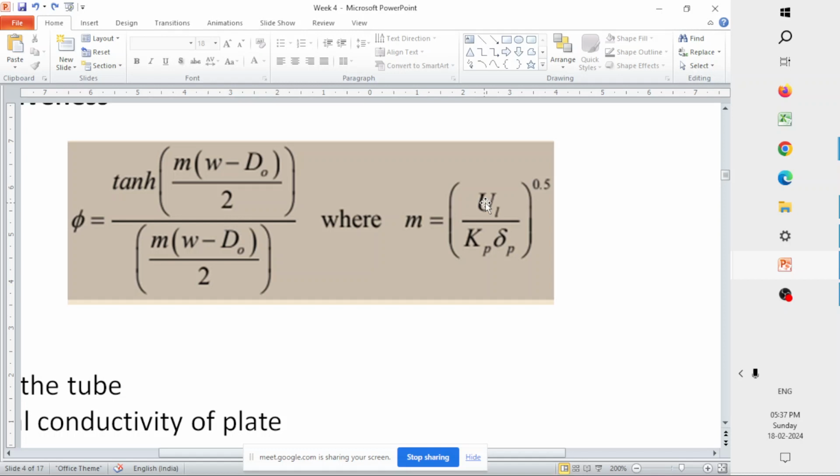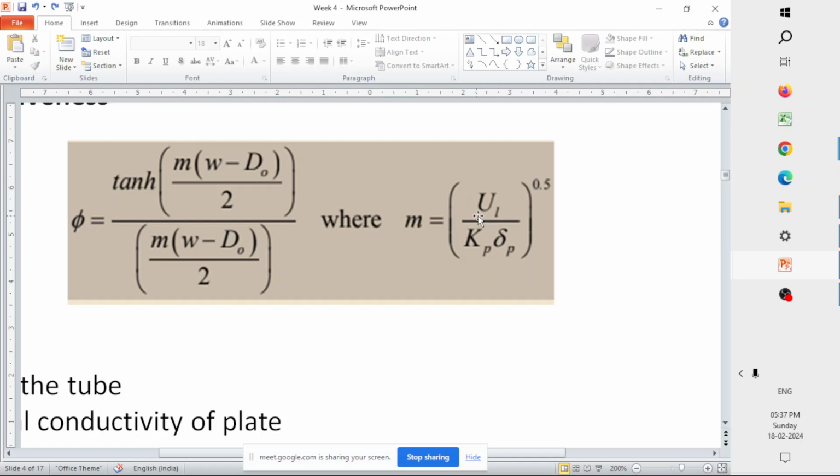UL is the loss coefficient, Kp is the thermal conductivity of the plate, and delta P is the thickness of the plate. As we have seen from the slide with the specification of the absorber plate, the value of Kp was around 348 and delta P is around 2 millimeter.